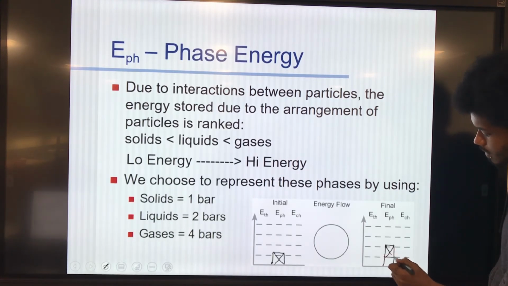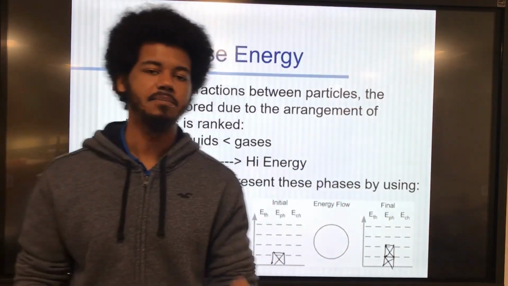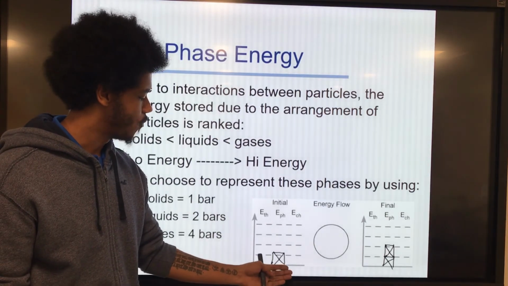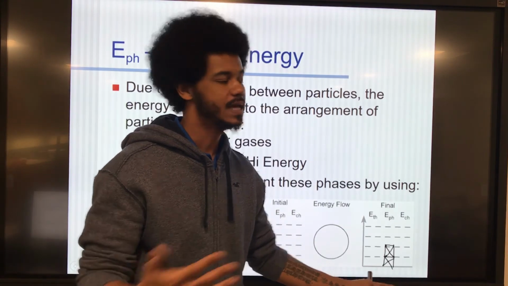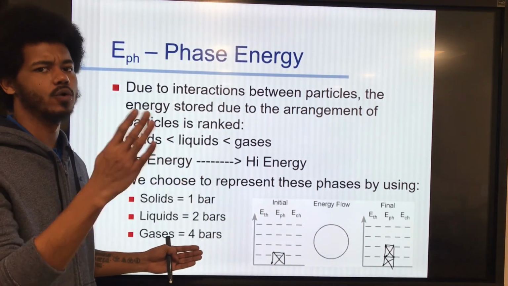I would have 2 energy bars here if I were trying to represent a piece of ice melting. We would be going from a solid, 1 bar, to a liquid, which has 2 bars. And like it says here, if we were dealing with a gas, that would be 4 bars.